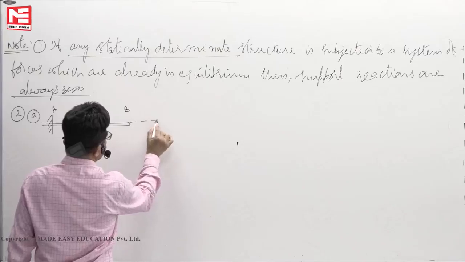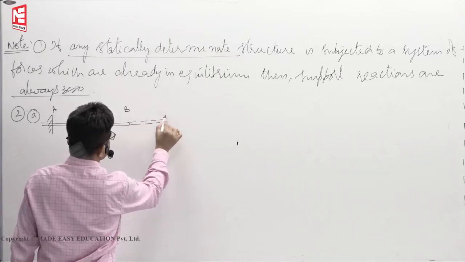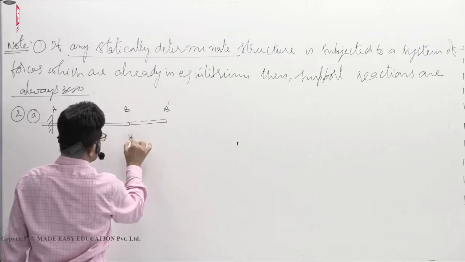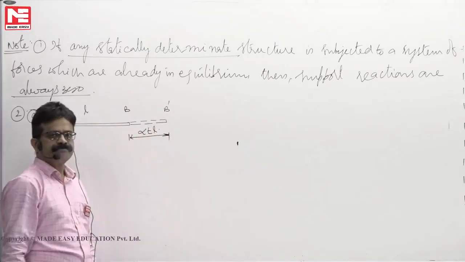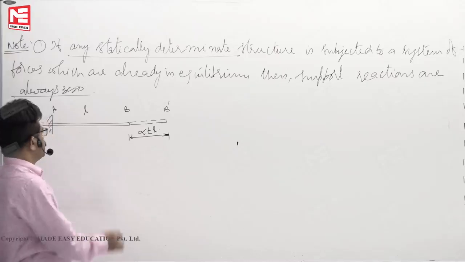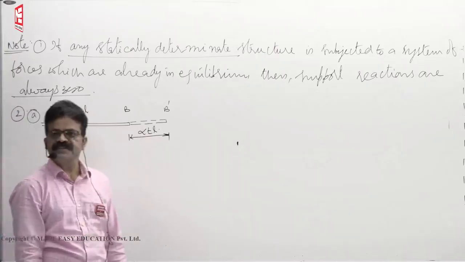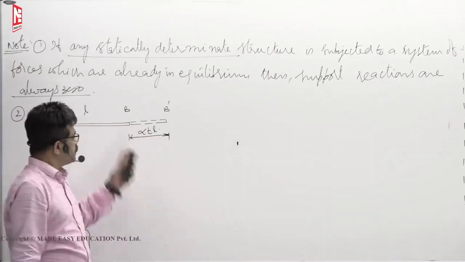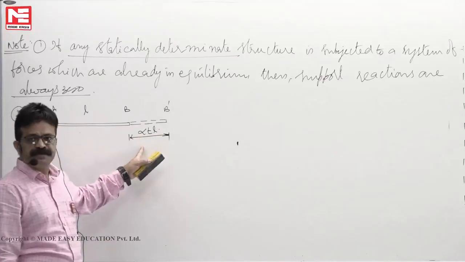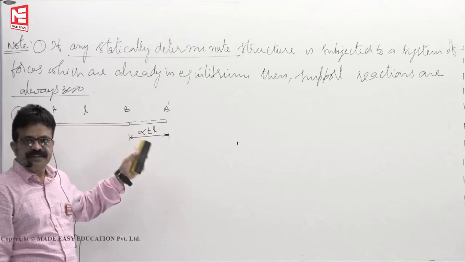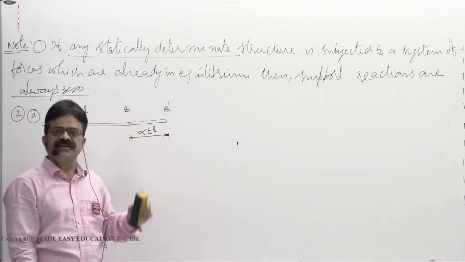It will expand. B will go to B dash, this is alpha TL. Now this length is L, change in length is alpha TL. What stress will develop? There is a strain here. What is strain in this member? Alpha T.